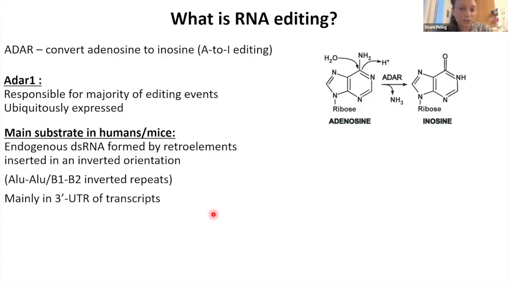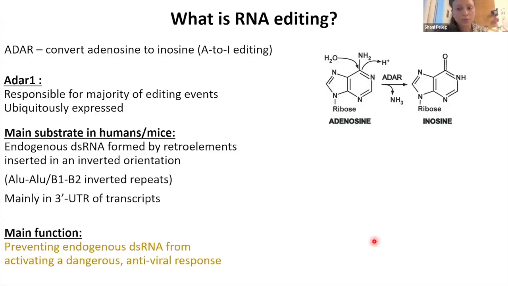double-stranded RNA structures. These double-stranded RNA structures are formed mainly by retroelements that are inserted in an inverted orientation in our genome, mainly in the 3' UTR of transcripts. So these are ALU-ALU inverted repeats in humans and B1, B2 inverted repeats in mice.